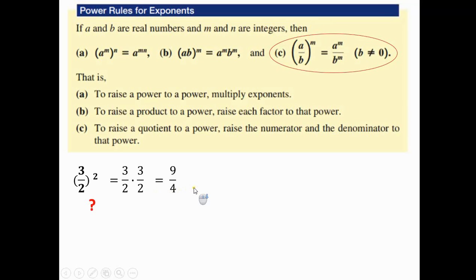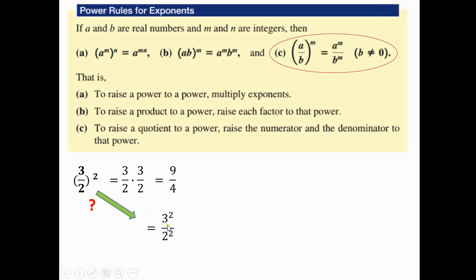All right, so our question is, can we apply this power rule here? A quotient to a power, let's just say it that way. All right, so let's try it out. Notice what I did was apply the exponent, or the power of 2, to both the numerator 3 and the denominator 2.